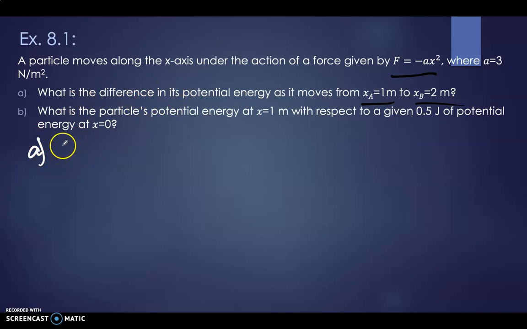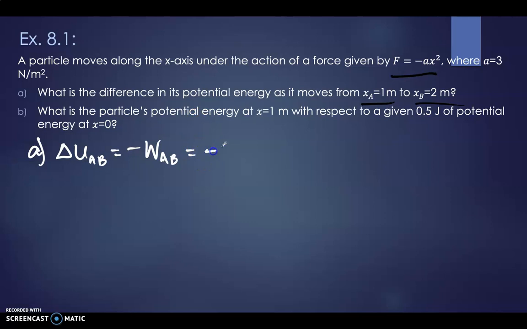So our change in potential energy from A to B, we just defined it as the negative work from A to B. If you remember from last time, we were able to define work in terms of force.